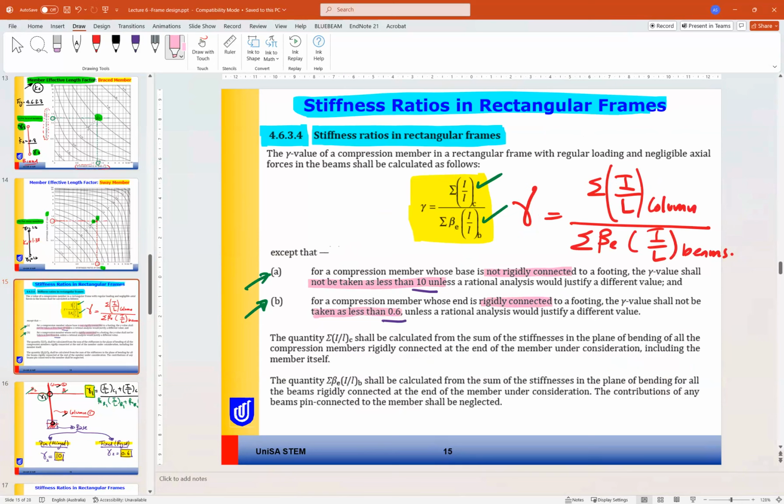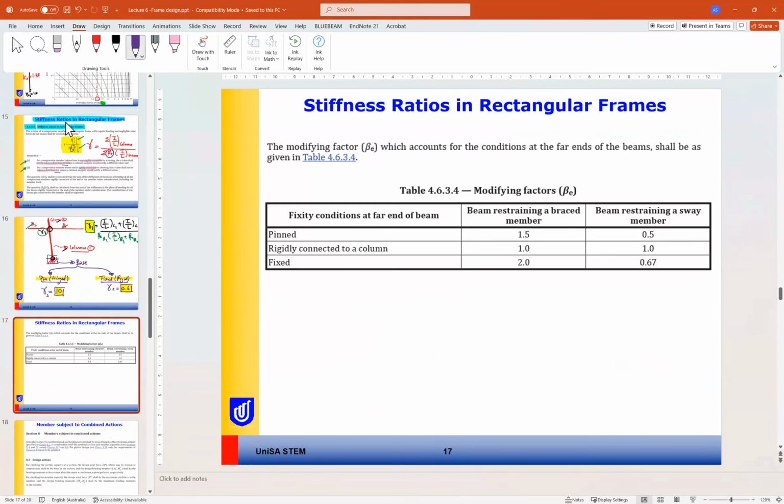Okay, so now we know everything except for beta effective. How can we find beta effective? Beta effective is the modifying factor for beams to account for the condition of the far end of the beam. As in table 4.6.3.4, the modifying factors are as follows.